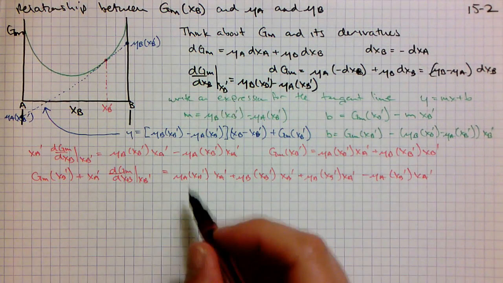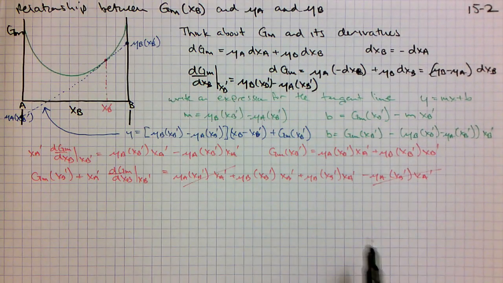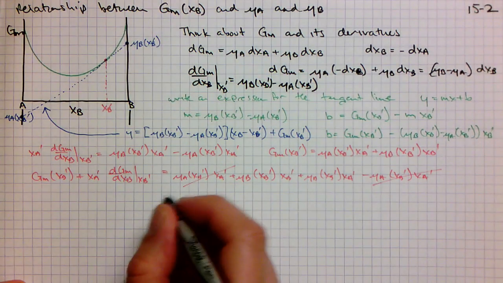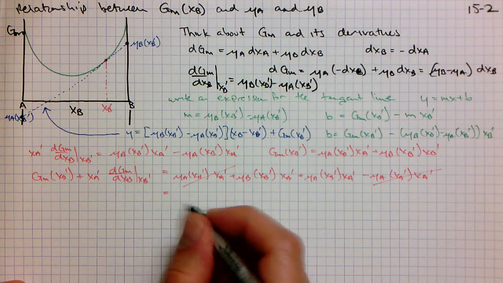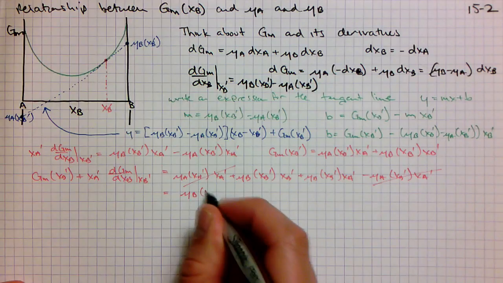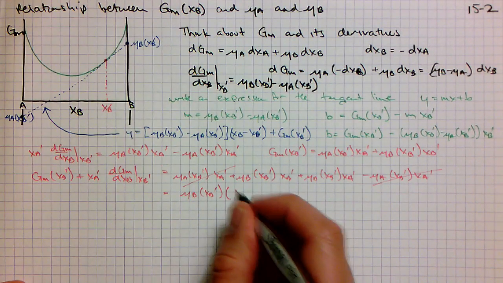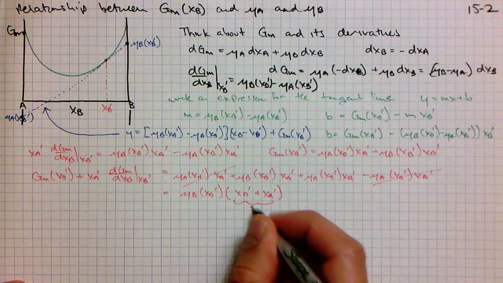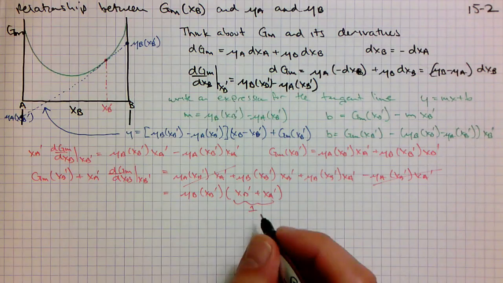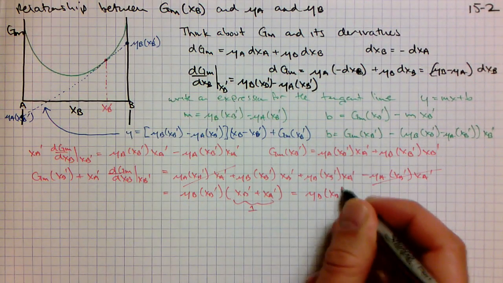So these mu a xb prime xa prime terms will cancel, right? And what we're left with is simply mu b xb prime times xb prime plus xa prime, and that has to equal 1, right? Because if we add the two mole fractions, we just get 1, so that gives us mu b xb prime.